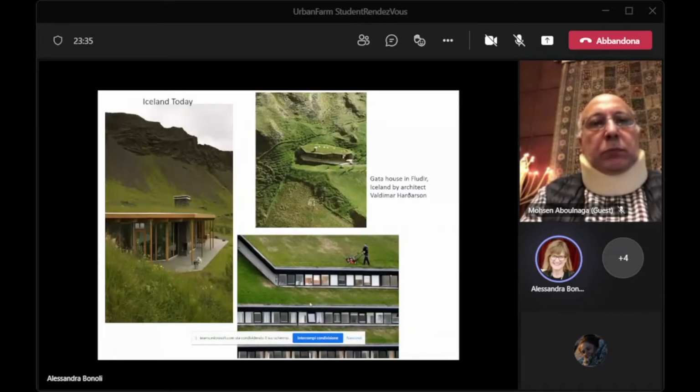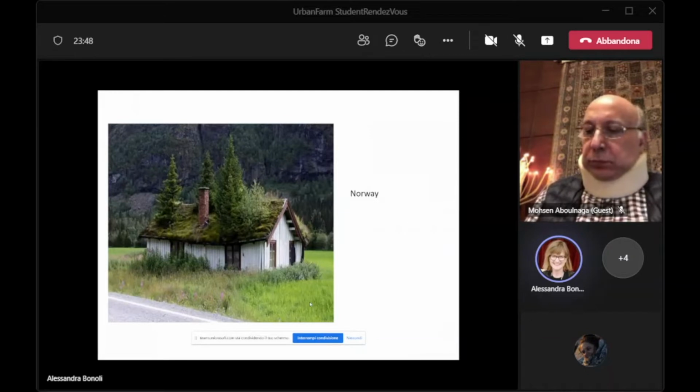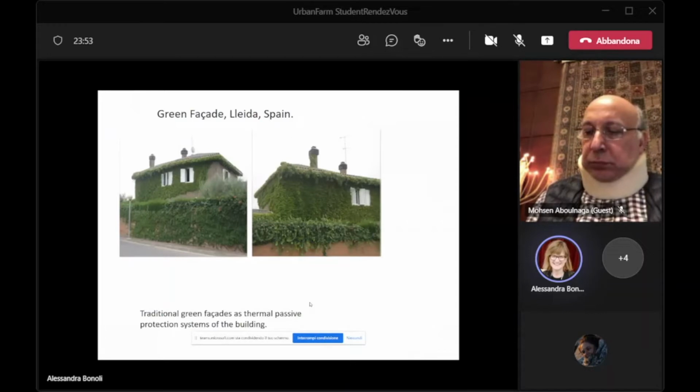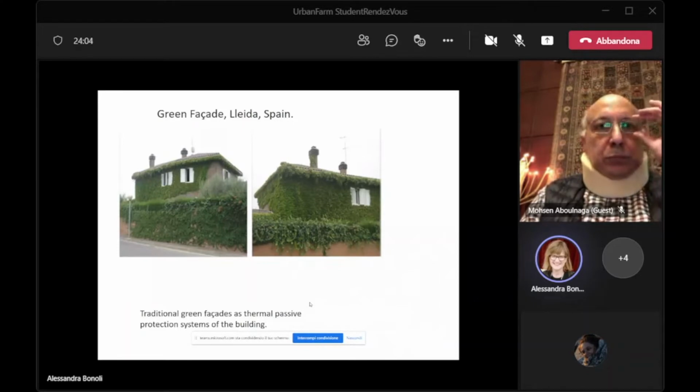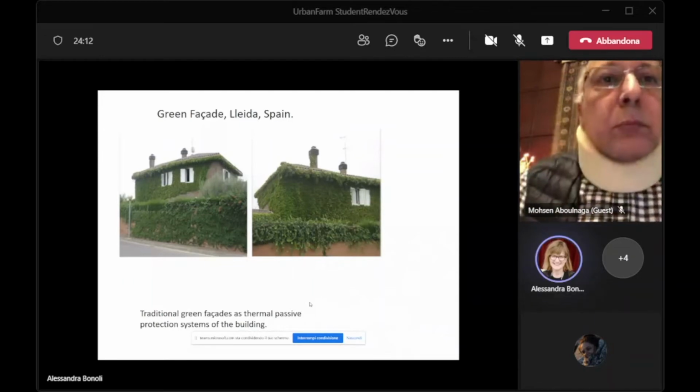And also here some pictures related to a house in Iceland by a famous architect. And just as a joke, in Norway, in the picture there were several trees over the roof, maybe not so effective. In Spain, some solutions to reduce the heat inside the house, to preserve a high comfort condition during summertime.